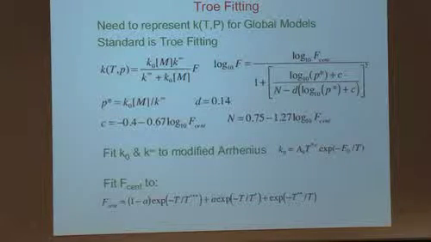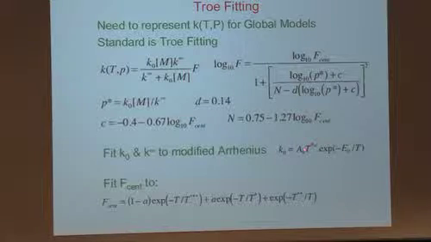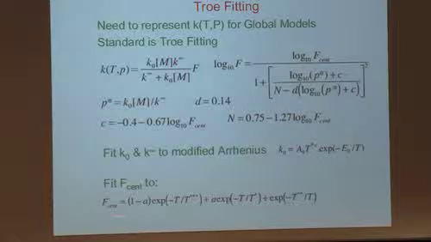And so if we want to parameterize this rate coefficient, then we fit K0 and K infinity to modified Arrhenius expressions. For example, K0 is A naught, T to the N naught, E to the minus E naught over T. And a similar expression for K infinity, the high pressure limiting rate coefficient. And F cent is fitted to something of this sort with three parameters, T triple star, T star, T double star in this overall expression here.